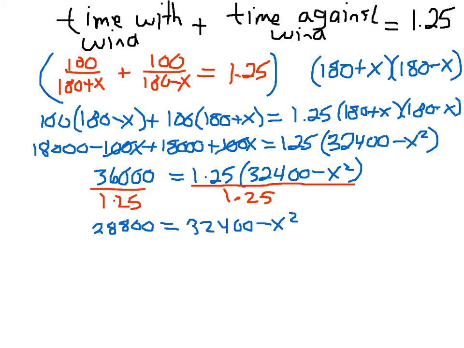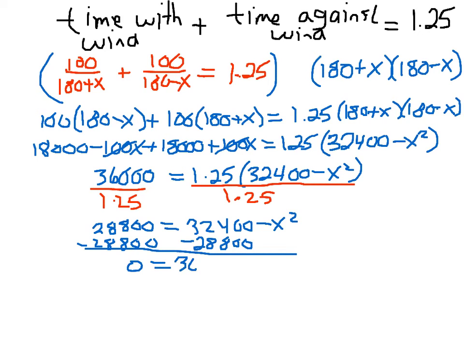Now I know I'm going to need to solve this by factoring, so I'm going to subtract 28,800 from both sides because I need 0 on one side. I get 0 equal to 32,400 minus 28,800, which is 3,600 minus x squared.